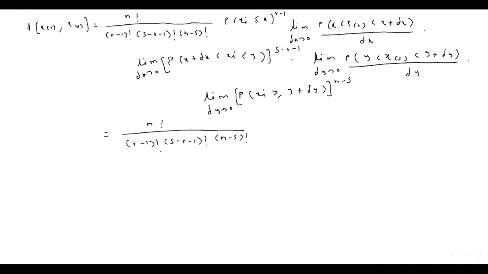Okay, fine. Now, if you observe this term, is it the definition of the distribution function? So let me write the definition of the distribution function over here. So F of x is nothing but the probability of X less than or equal to x. So this x is present over here. If you observe the definition, it is one and the same. So we can have this as capital F of x raised to power r minus 1, as there are r minus 1 values.